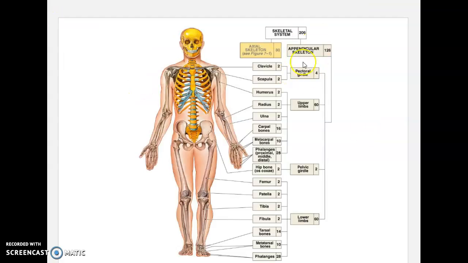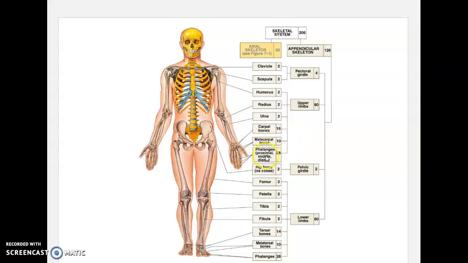Here we see the structure list of the appendicular skeleton. You can see the numbers of bones here, and again, most of them are duplicated. It sounds like a big number of bones, but most of these are duplicated, and some of these have several bones involved in them.